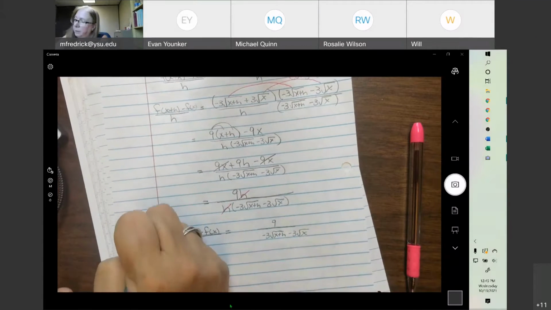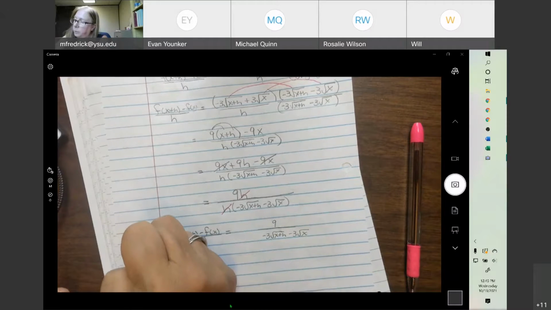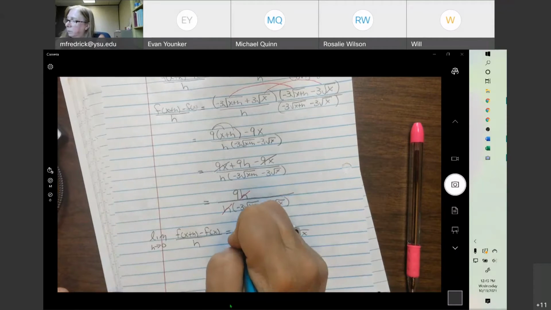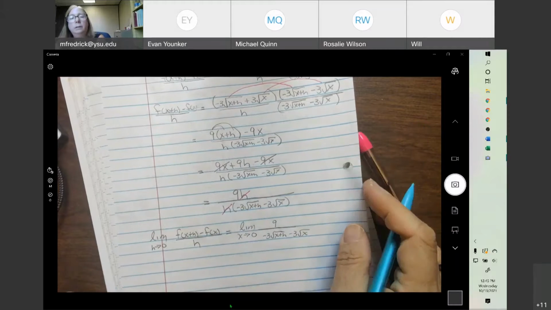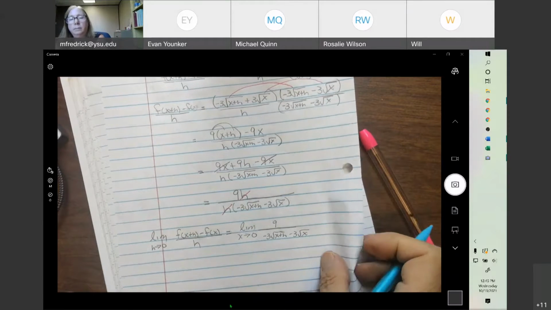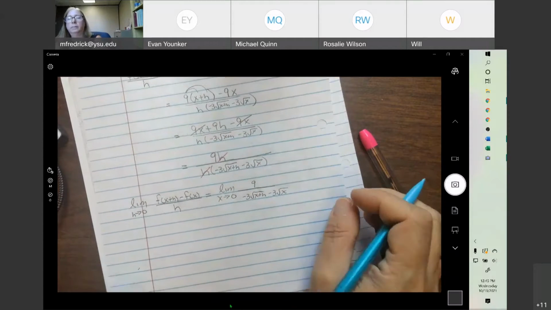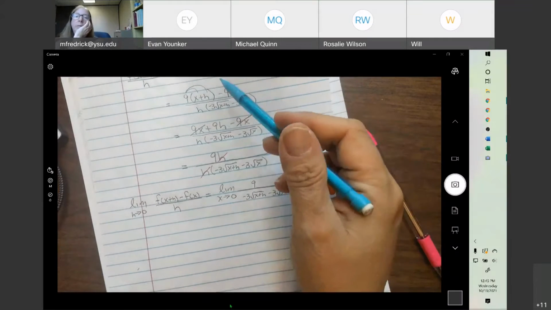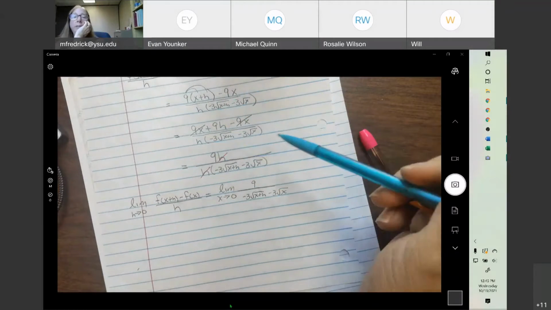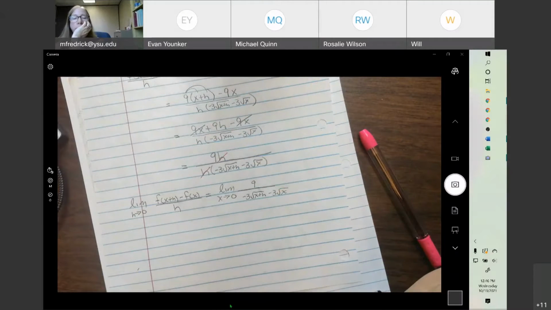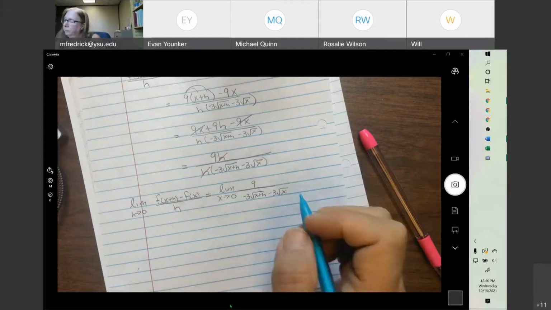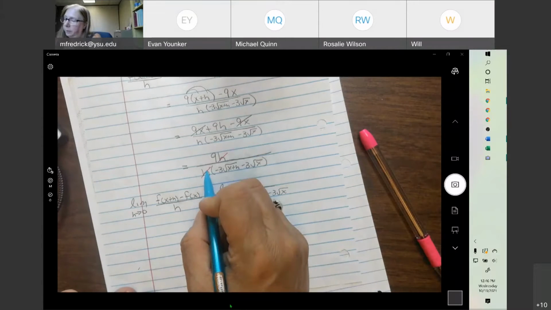So now we can take the limit as h approaches 0. If you plugged it in any time before that, you would have 0 over 0. So you got to go till you cancel that h.